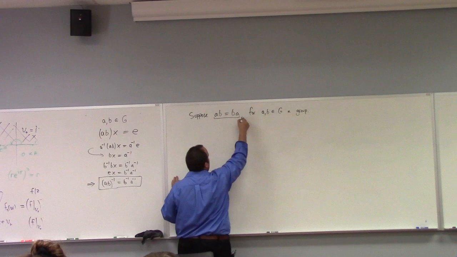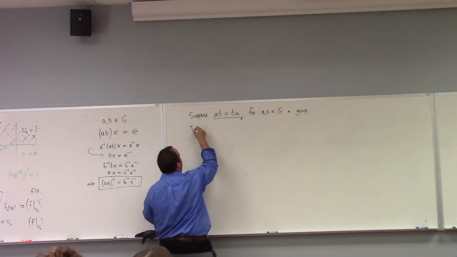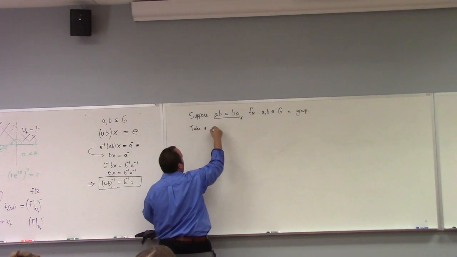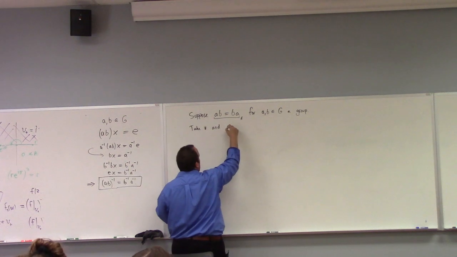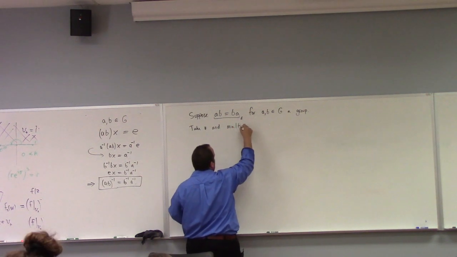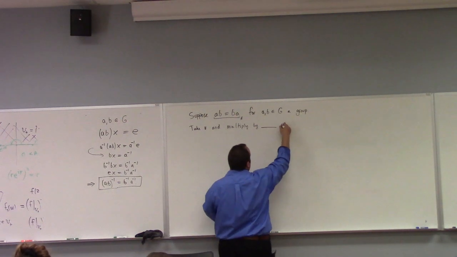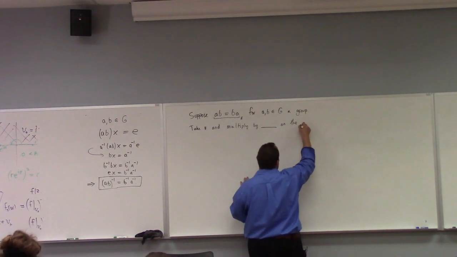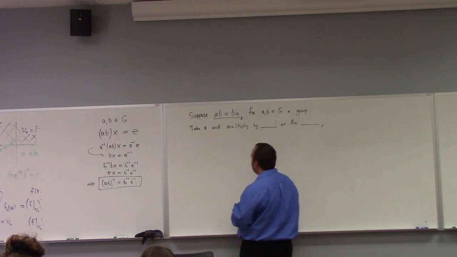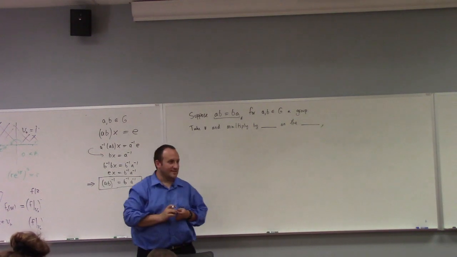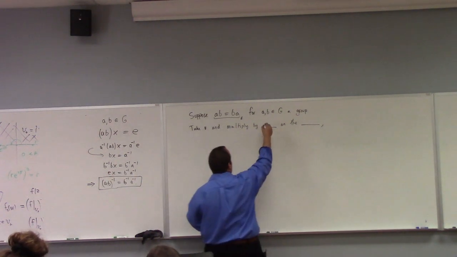Let me give it a name. Multiply by blank on the blank. Yeah, I don't think you can go wrong here.